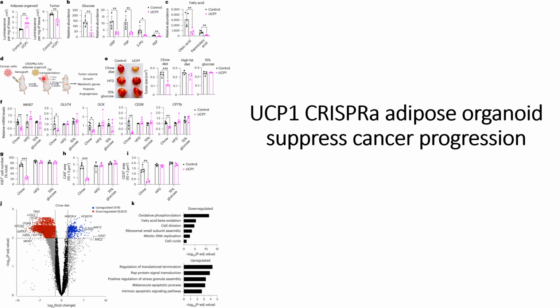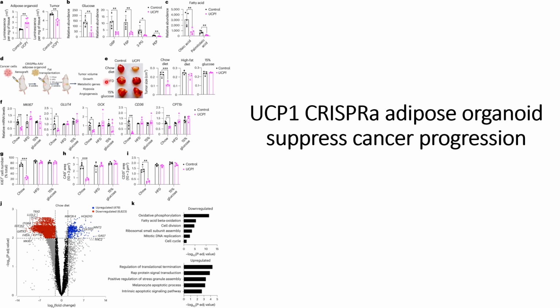Then they fed the mice 3 different foods: CHO, HFD, the high fatty acid diet, and a 15% glucose diet, and then checked the tumors for tumor growth, volume, metabolic genes, hypoxia, and angiogenesis. When they use the CHO diet, which is the regular diet, they see a decrease in the tumor volume when the tumors are co-transplanted with the UCP1 CRISPR adipose organoid compared to the control.